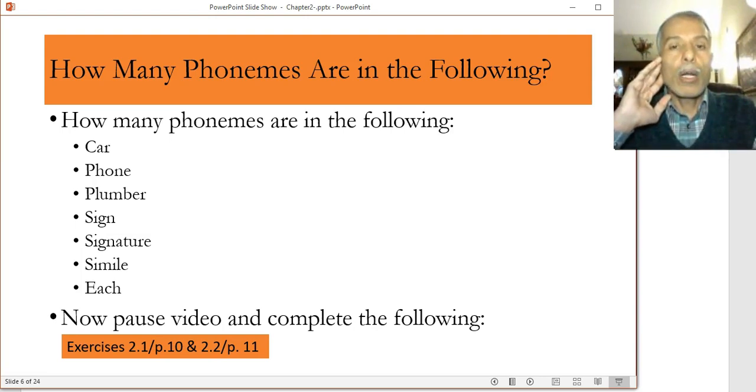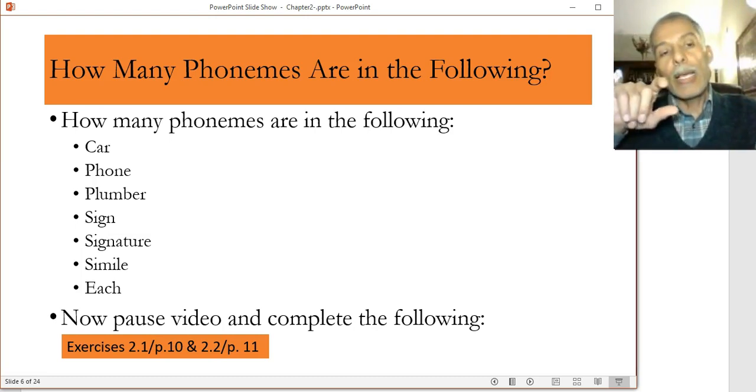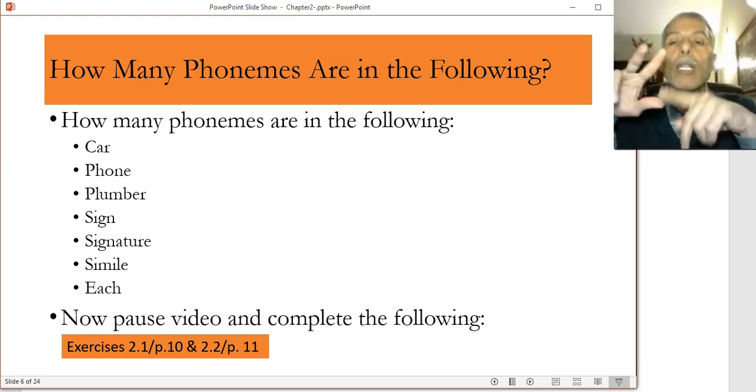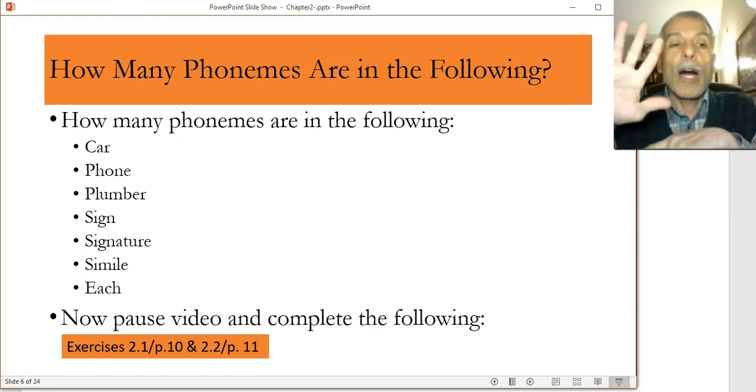So, car, how many? Try it. K, a, r. Okay, 3. Phone, f, o, n. 3. Plum, p, l, u, m. At the end, the letters um are one single vowel. It is not a consonant, it's a vowel. So p, l, u, m, 4.